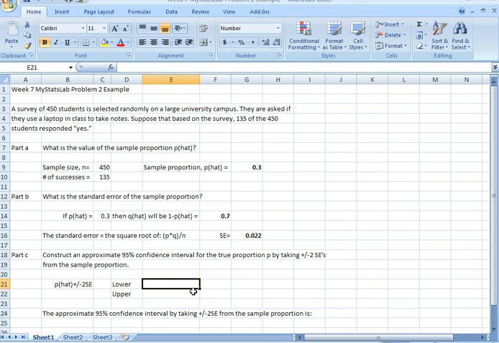So here we say equals p hat minus, and then 2 times our standard error, close our parentheses, hit enter, and there is the lower.